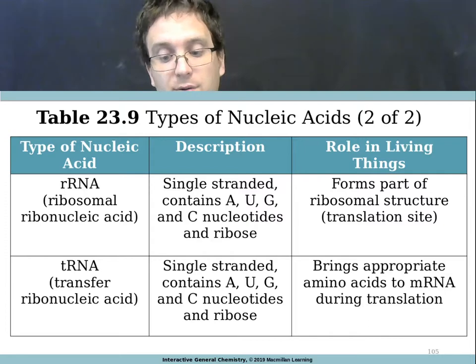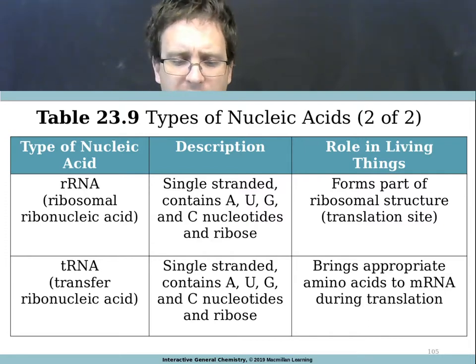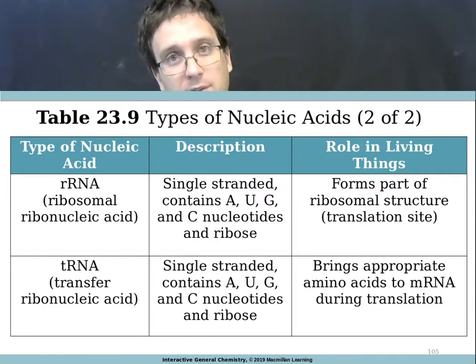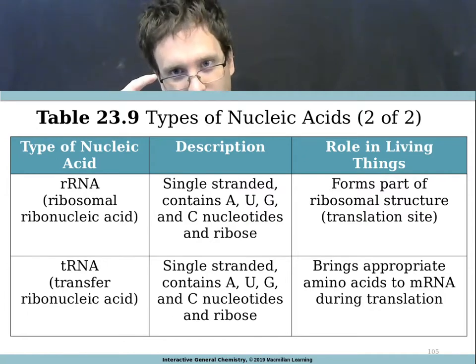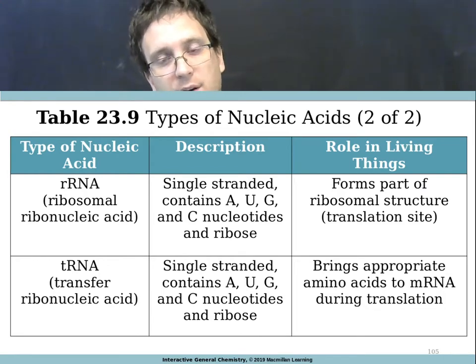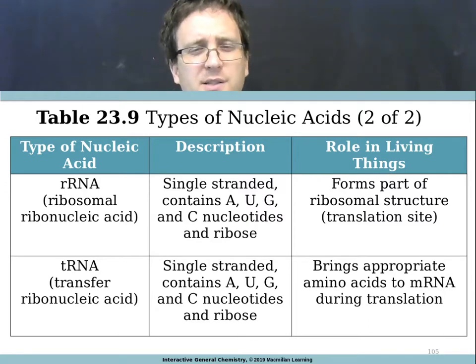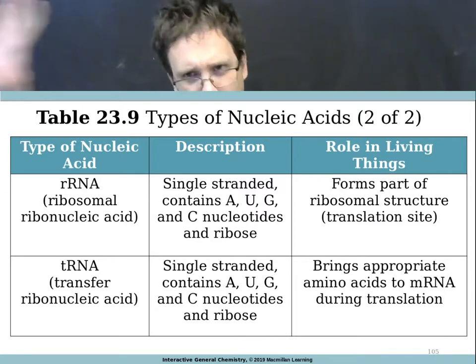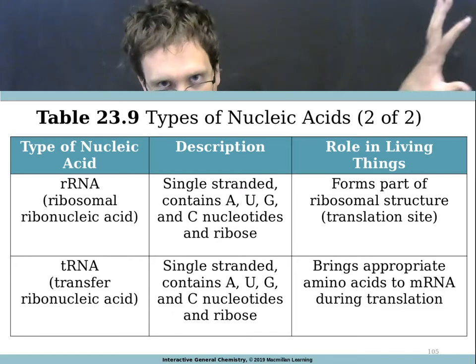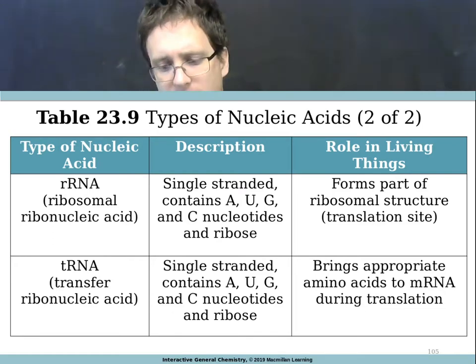It's got nucleotides U, A, G, and C. And then tRNA, transfer RNA, are those little short anticodons, the 3 nucleotides that are going to translate from RNA speak to protein speak. They grab onto an amino acid with one hand, and then they're complementary to the mRNA on the other hand, and they lock things into place.